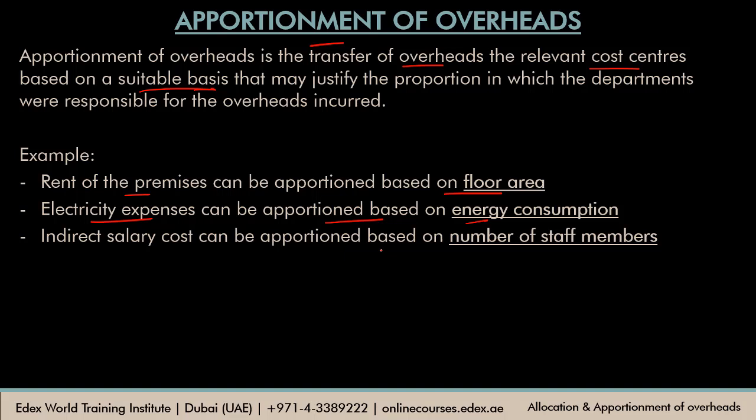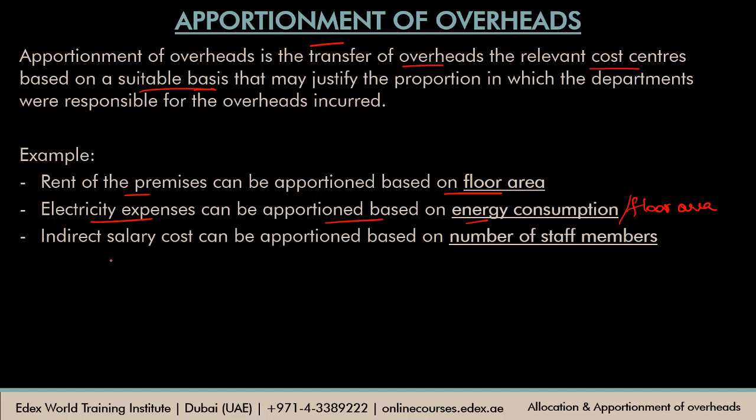But what if the business does not have an accurate measure of how much energy is being consumed by each department? Then another suitable basis could again be floor area, because the larger the floor area, in most cases, there will be higher energy consumption. Logically speaking, there may be cases where this may not be true, but if energy consumption is not given, you can apportion the electricity cost on the cost centers using the floor area.